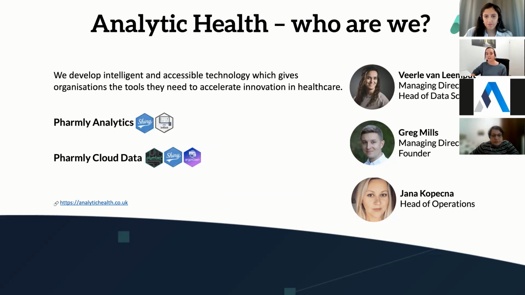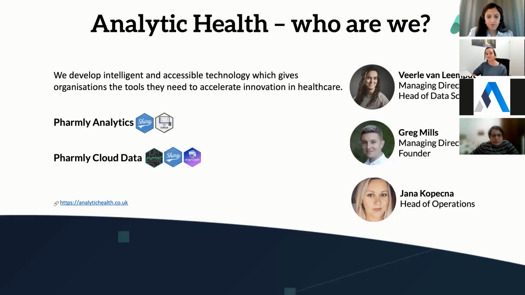Most of the tools that we have, we develop in R. So for example, we have APIs that are written with R Plumber. We make reports in R using R Markdown, and we have Shiny apps. And we have two apps. One is Farming Analytics, the other is Farming Cloud Data. Farming Analytics is a Shiny application, and we use bs4Dash for that.